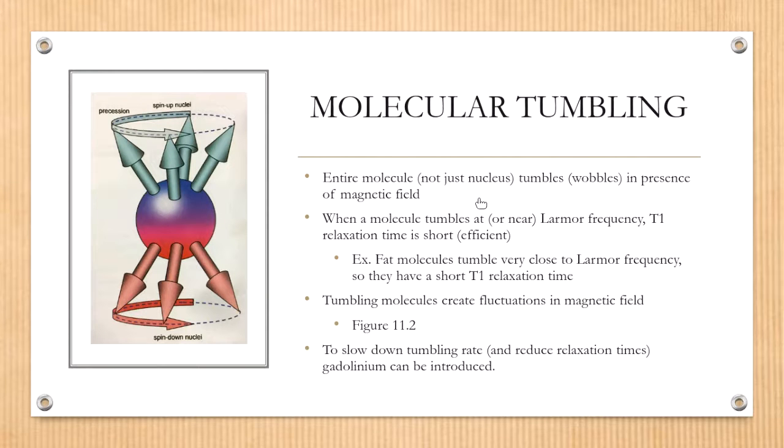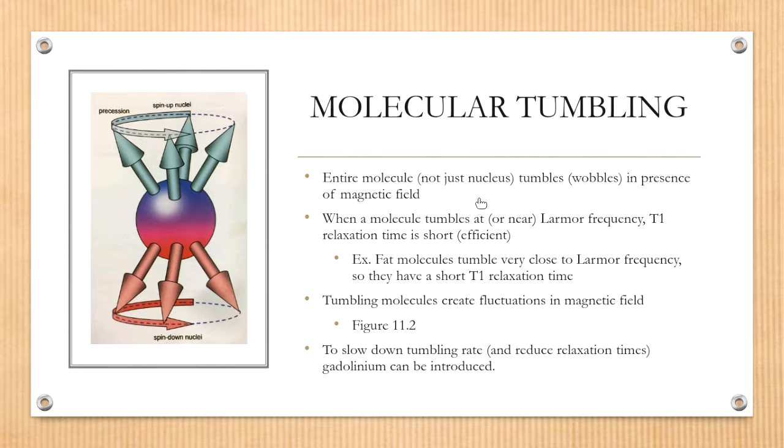To explain that, I need you guys to turn to page 375 in your book, to figure 11.2. If you look at it, it looks like you have 4 different water molecules. Each one is next to a static magnetic field, or B naught, the main magnetic field. At each of the 4 images, the water molecule is positioned in a different location, or a different phase, as you will.